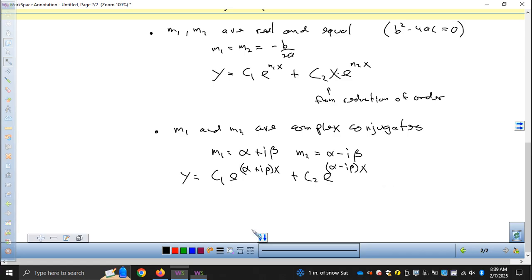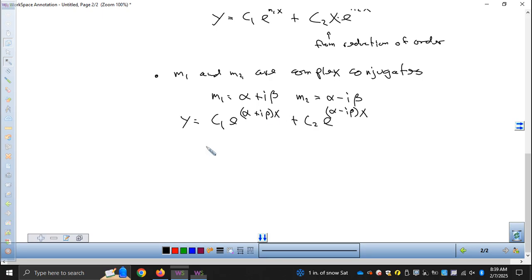I'm just going to rewrite it in slightly different form. I'm going to use properties of exponents here. C1 e to the alpha x times e to the i beta x plus C2 e to the alpha x e to the minus i beta x.